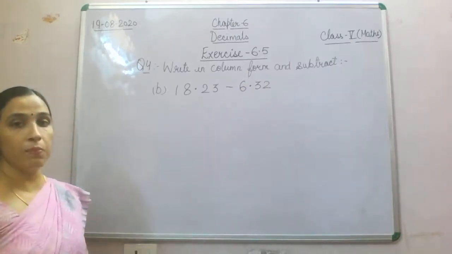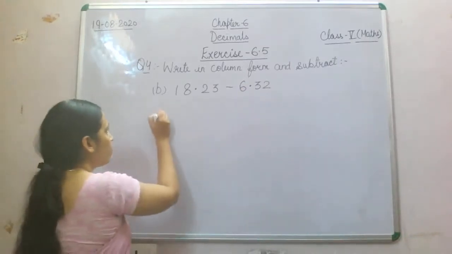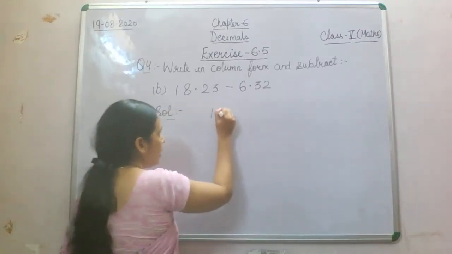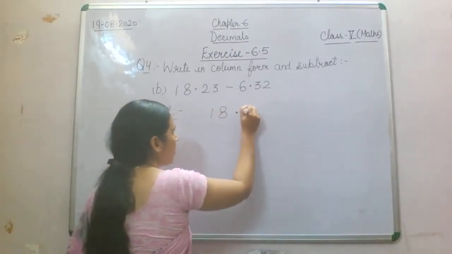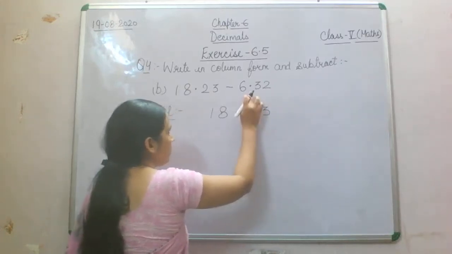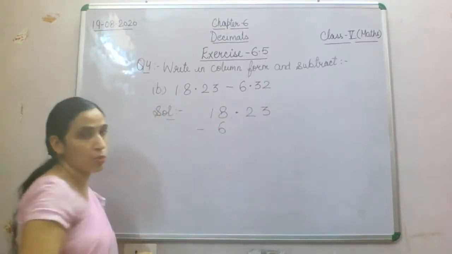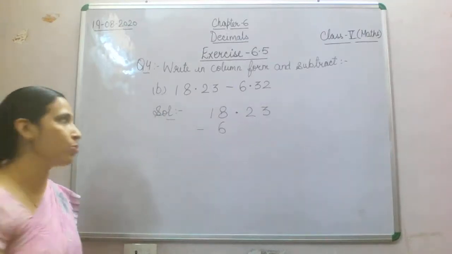So start doing the subtraction of this. What will we do here? 18.23 minus, now 6 will be written on the ones place only.